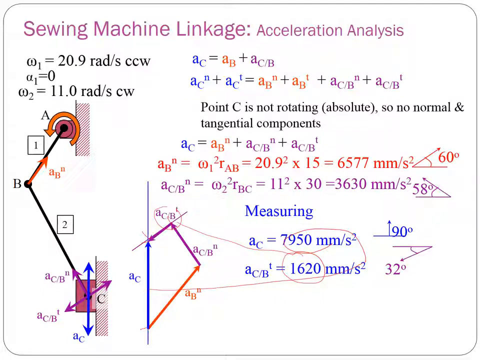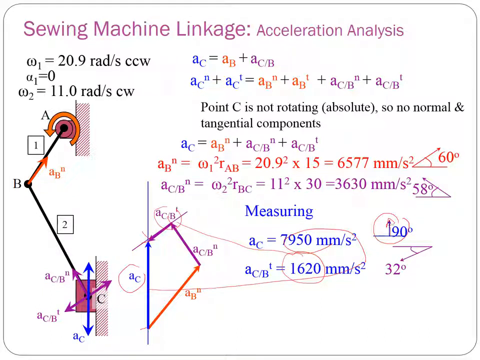So the AC is 7950 millimeter per second square, and ACBT equals to 1620 millimeter per second square. So if you are looking at this, the direction is 90 degrees outwards.